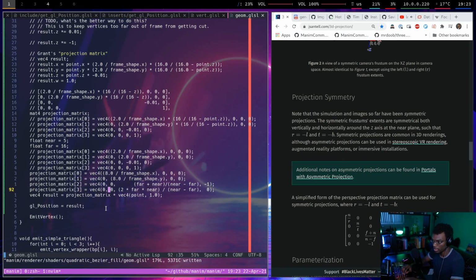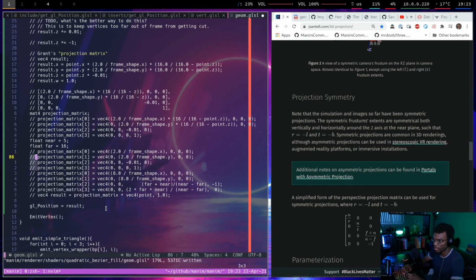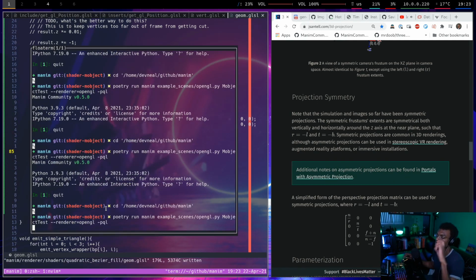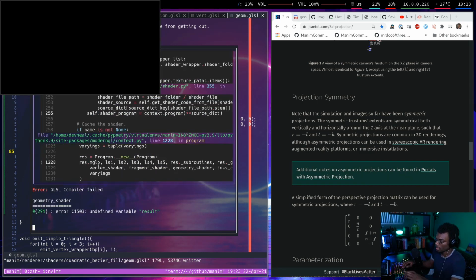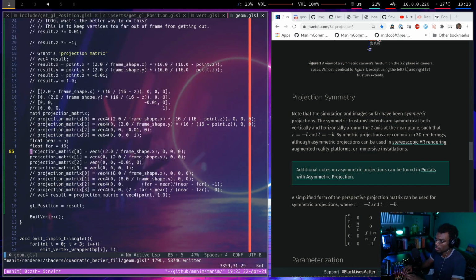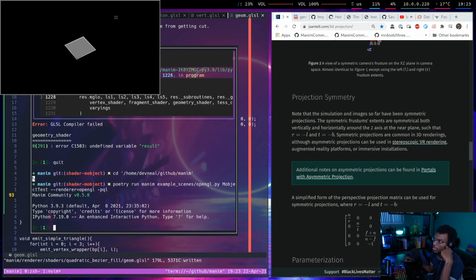Let me go back to the matrix that I was using before. I think the only way to be able to do this effectively, where's the result? There. To do this effectively, I have to understand why.